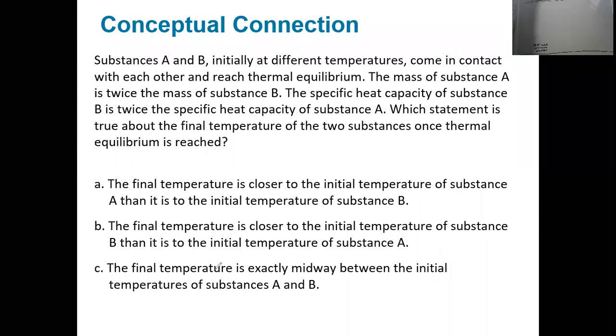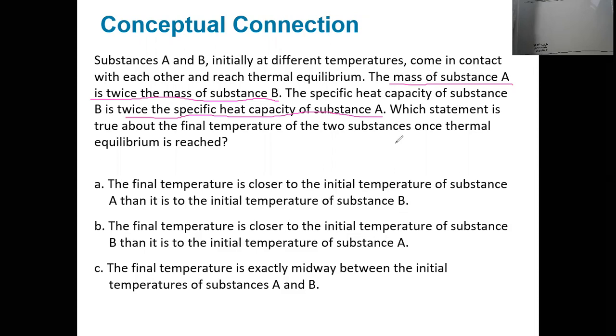We have the mass of substance A is twice the mass of substance B, and the specific heat capacity of B is twice the specific heat capacity of substance A. So we have this multiple of 2 that is associated with each substance, right? Substance A is 2 times the mass of B, and the specific heat of B is 2 times the specific heat of A.